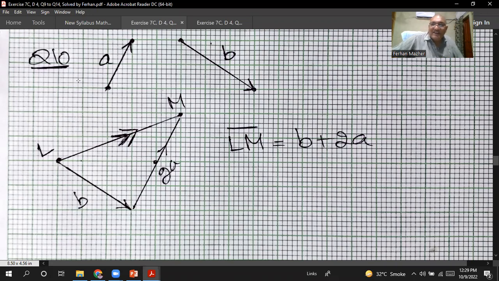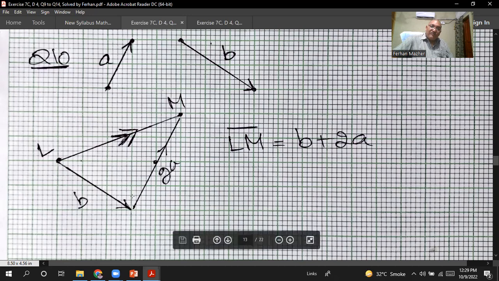Now I have to represent the LM in terms of A and B. So from the tail of this LM, I made a B. 1, 2, 3, 1, 2. So this is B. And then 1, 1, 2, 1, 1, 2. So this is 2A.